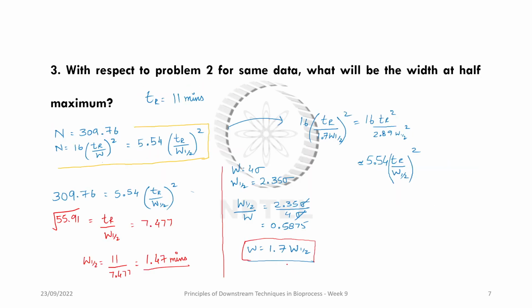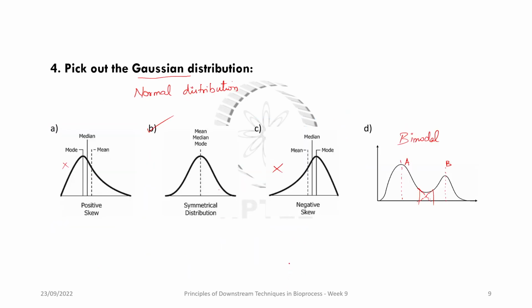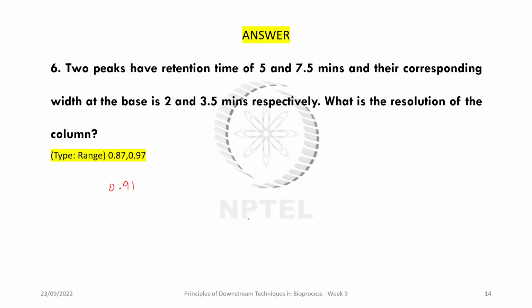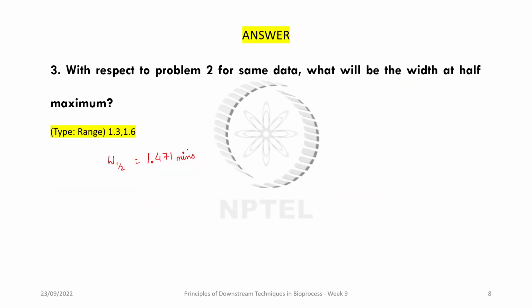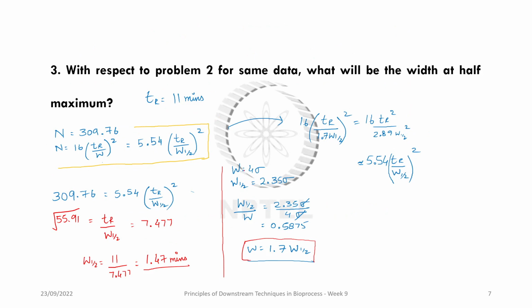So W is equal to 1.7. It was 1.7, not 2, but let's go with 1.7. So W1 is equal to 1.7. This time since we need half, why don't we go with this?